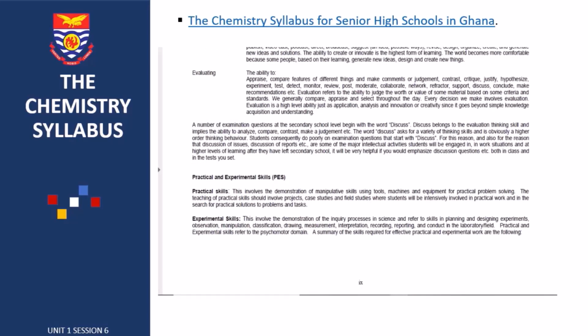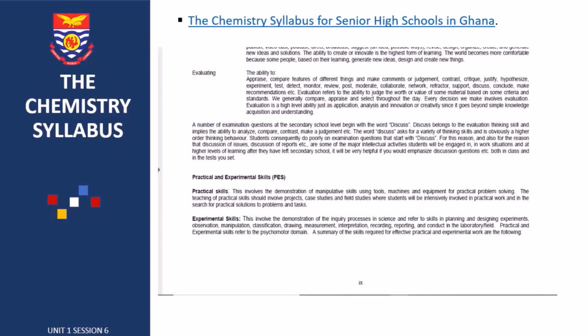For the practical skills, it involves the demonstration of manipulative skills using tools, machines, and equipment for practical problem solving. The teaching of practical skills should involve projects, case studies, and field studies where students will be intensively involved in the practical work and in the search for practical solutions to problems and tasks.